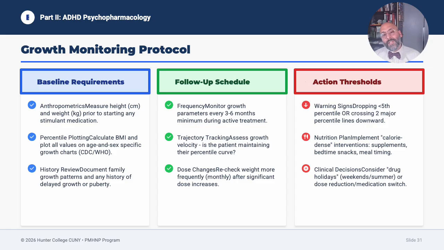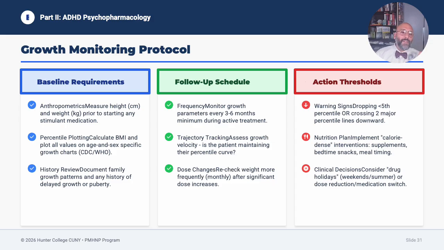And once treatment starts, growth should be monitored every 3 to 6 months at a minimum. What matters most is the growth velocity. Is the child staying on their percentile curve over time? After dose increases, weight should be checked more frequently, often monthly, until things stabilize again. Now, red flags are dropping below the 5th percentile or crossing 2 major percentile lines downward.